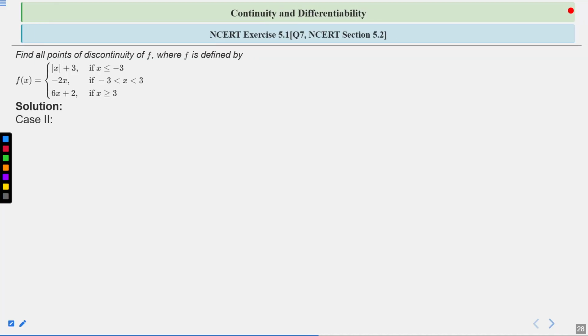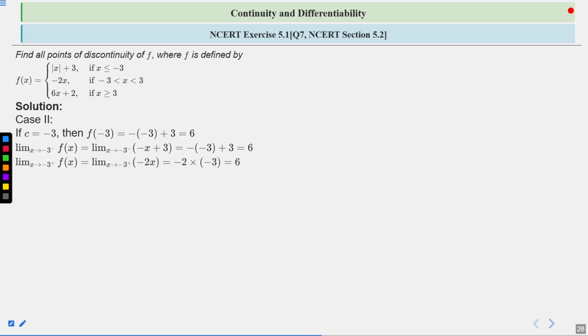Case 2: if c is equal to negative 3, then f(-3) is equal to minus of minus 3 plus 3, which is equal to 6. The limit as x tends to negative 3 minus of f(x) is equal to the limit of negative x plus 3, which is minus of minus 3 plus 3, which comes out to be 6. Now the limit as x tends to minus 3 plus is equal to the limit of minus 2x, which is minus 2 into minus 3, which is equal to 6.